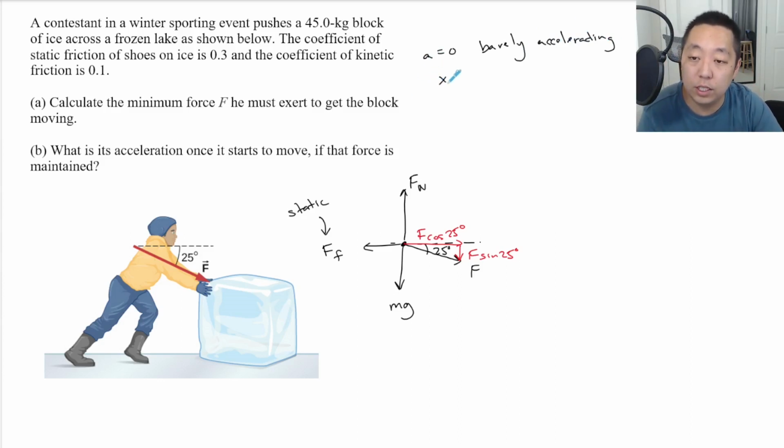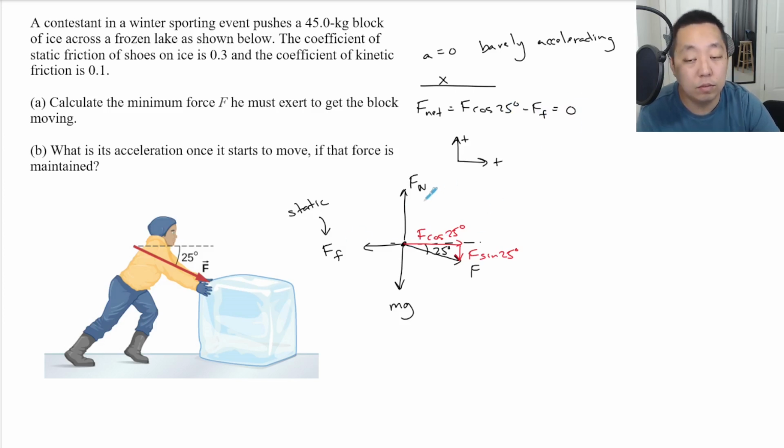All right, so let's look at the net force in the horizontal direction. Let's say right is positive and up is positive. To the right, we have F cosine 25 degrees minus the force of friction. Those are the two forces in the horizontal direction, and that equals 0. In the y direction, the net force: I have normal force upward, and I have two forces downward, mg and F sine 25 degrees.